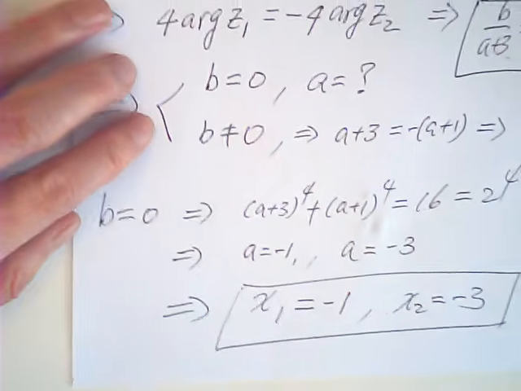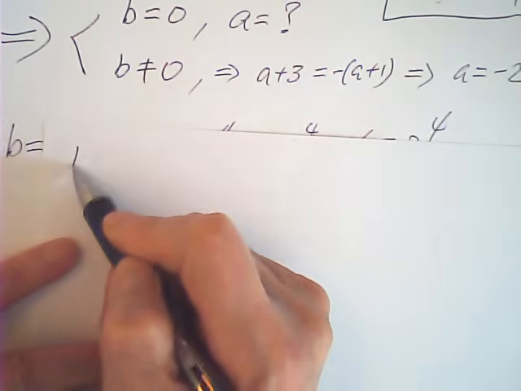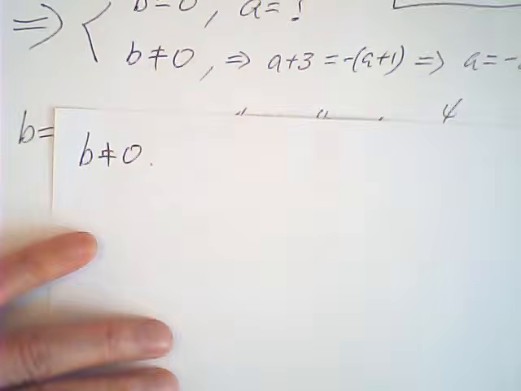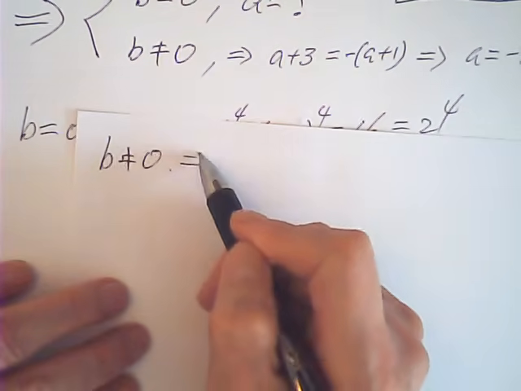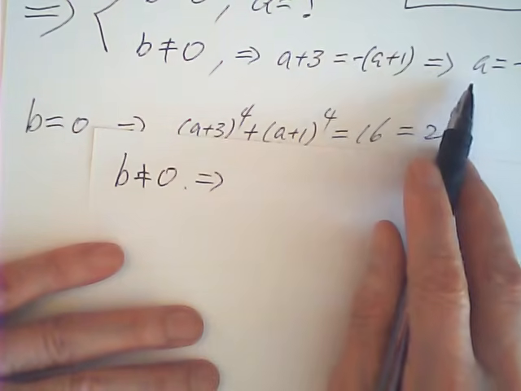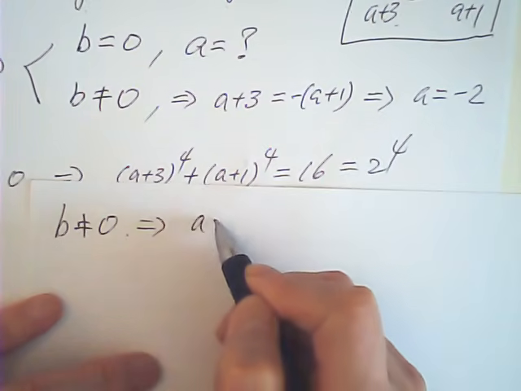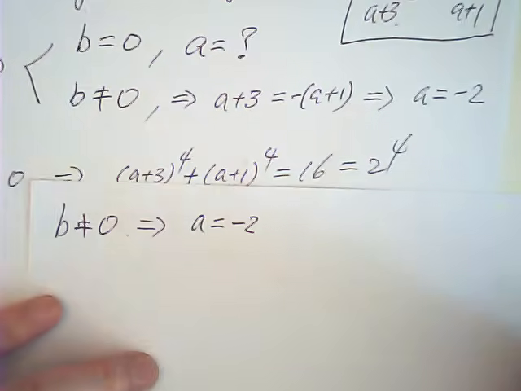Then the other case, B is not 0. We know that A must be negative 2.